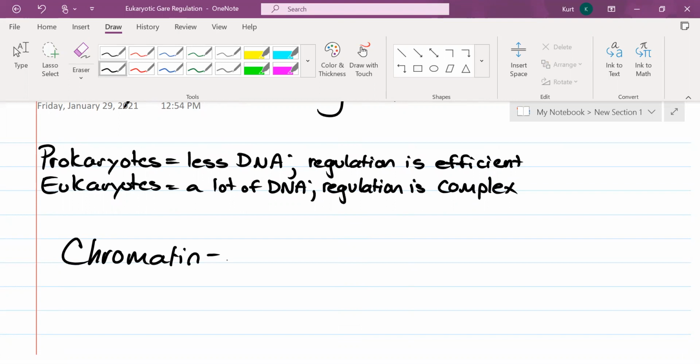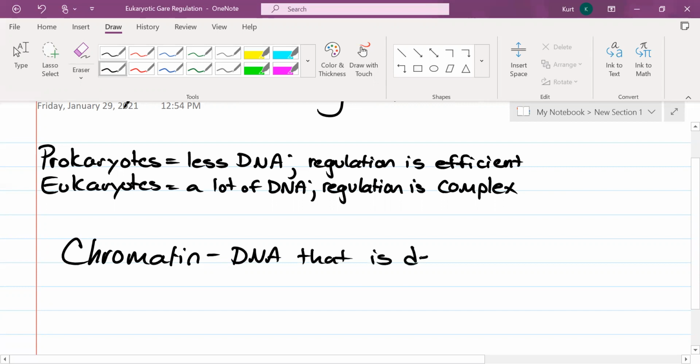That's chromatin. This whole thread is one strand. That is your DNA. Well, a chromosome is going to be that all densely packed. So chromatin is simply DNA that is decondensed. When it is condensed, it's a chromosome.